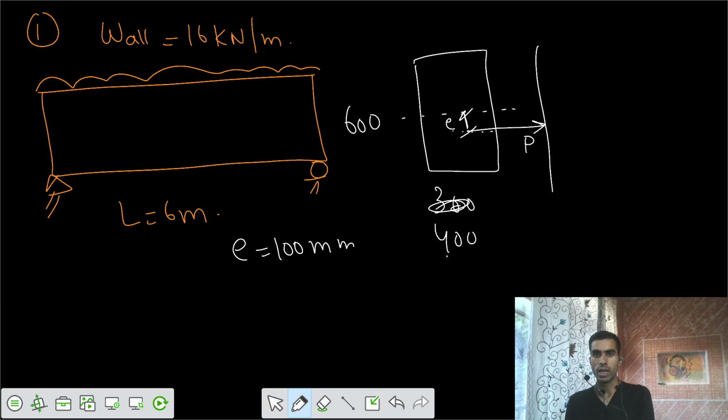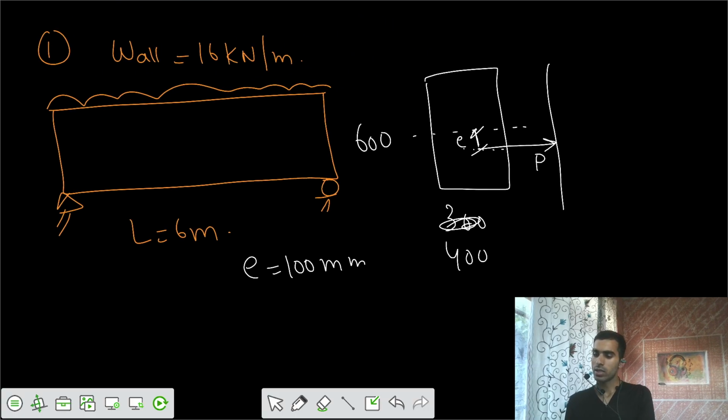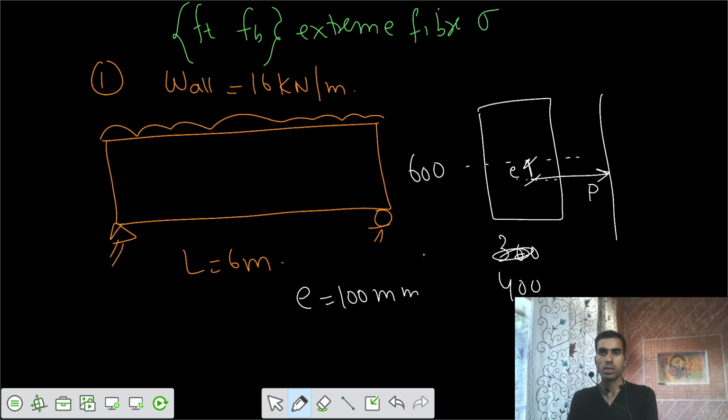The problem asks us to get the extreme fiber stresses at the mid span section. So we need to get F top and F bottom, the extreme fiber stresses because of the combined effect of P, PE, and M all.